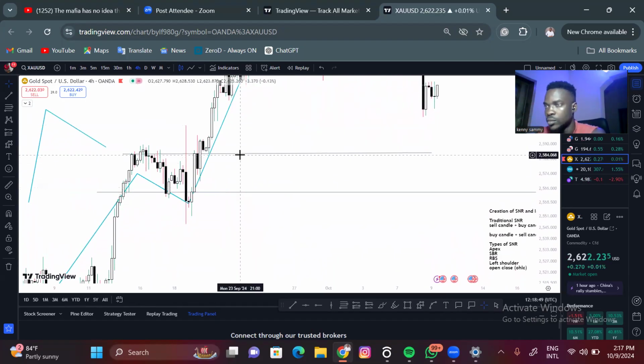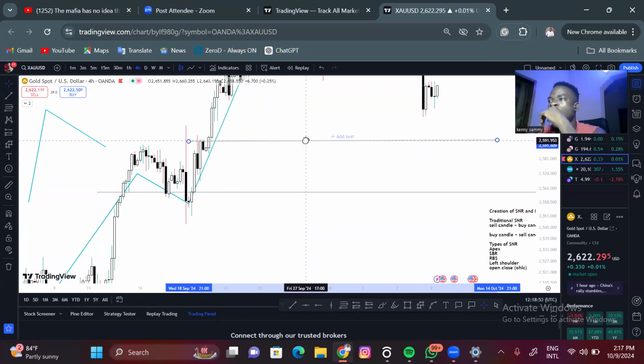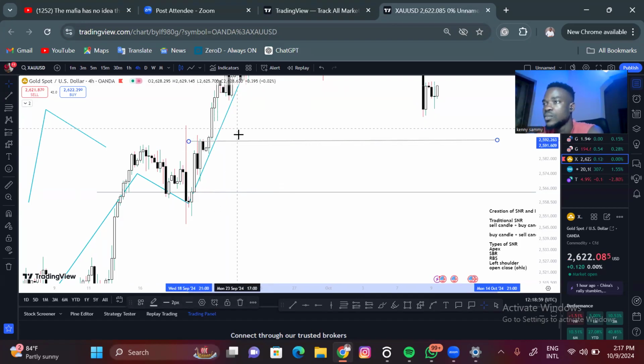Okay, let me give you this for instance. Now, we have a resistance here. It got broken. And what did it give us here? We have an SBR level here. Even though the price has not gotten here, we have an RBS level here.